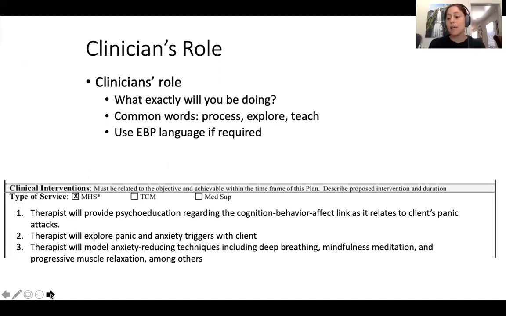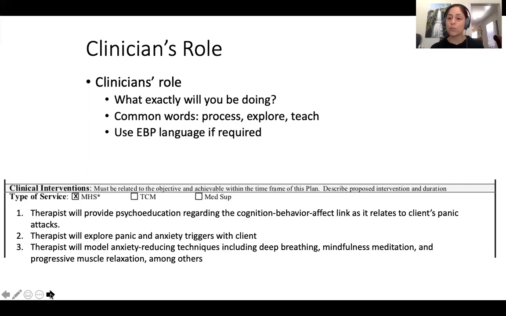For the majority of cases, you're checking off MHS as the type of service, as you can see there, which stands for mental health services. You would use TCM when you're creating a targeted case management goal, and you would not check off med support because this is for a psychiatrist or an ARMT, which you are not. It's strongly recommended and required in this class that you provide 3 separate interventions that are clearly linked to the goal for each goal.